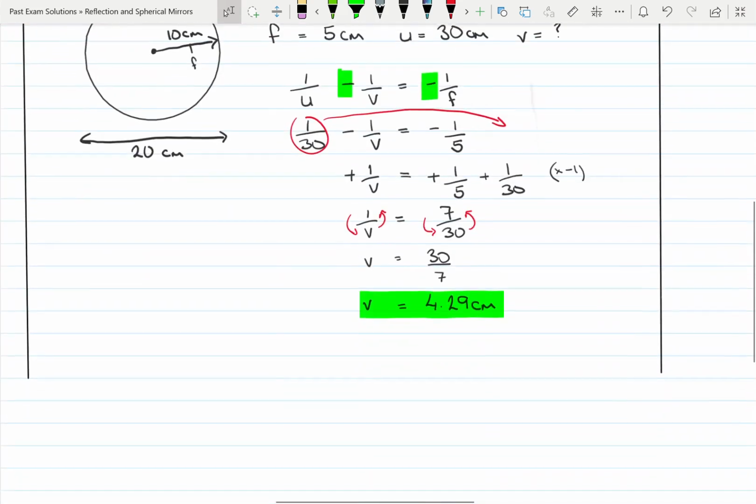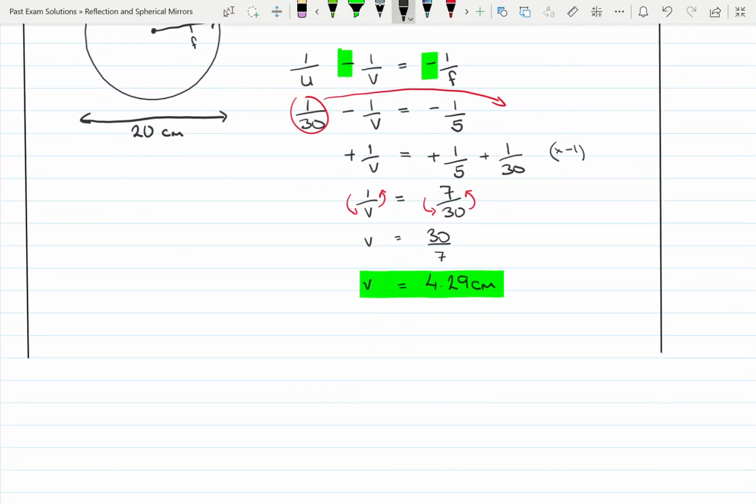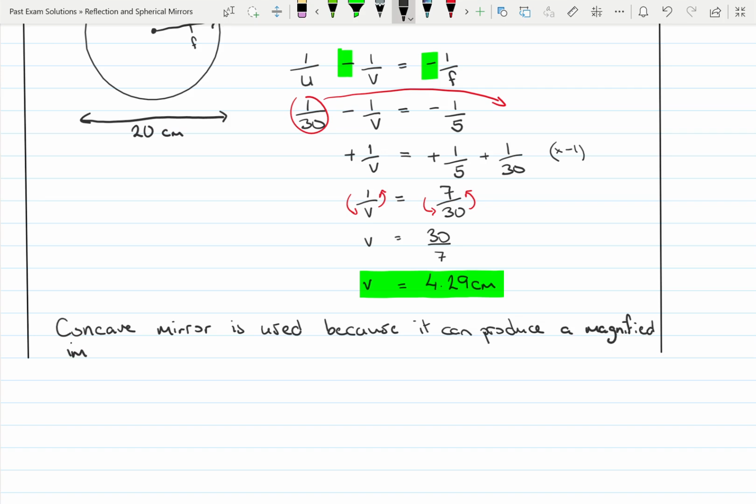Okay, so concave mirror is used because it can produce a magnified image.